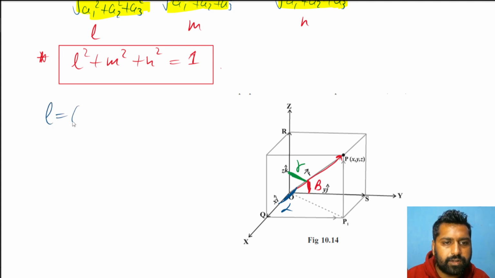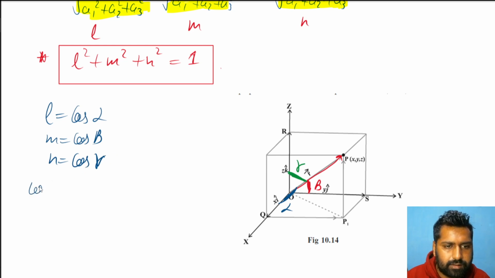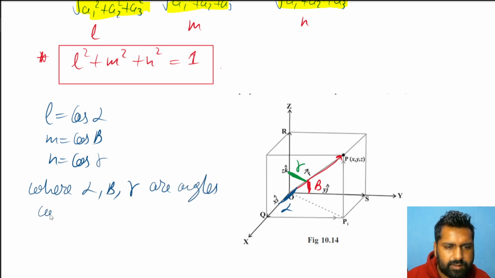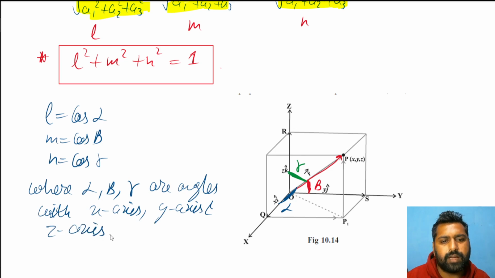Now L is basically cos alpha, M is cos beta, N is cos gamma, where alpha, beta, gamma are angles with the x-axis, y-axis and z-axis. So they are basically angles.